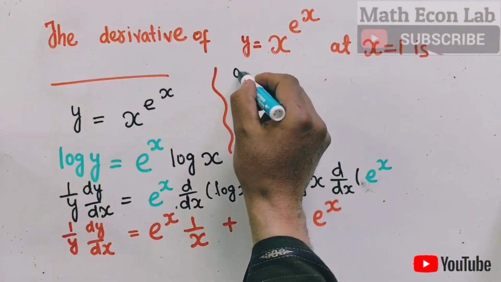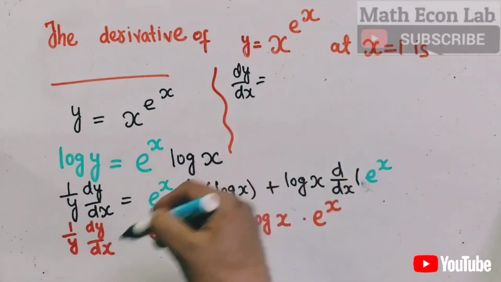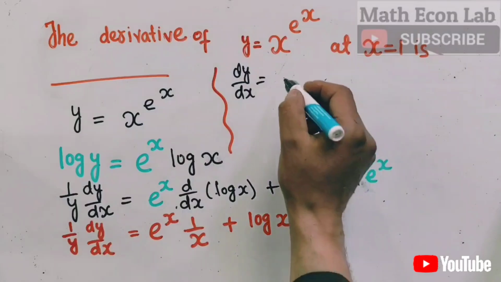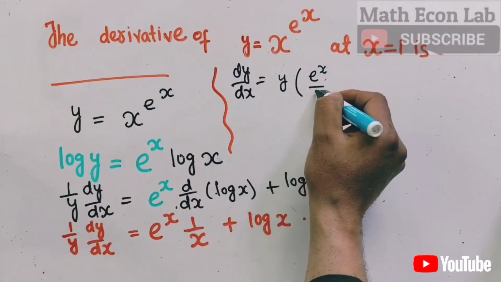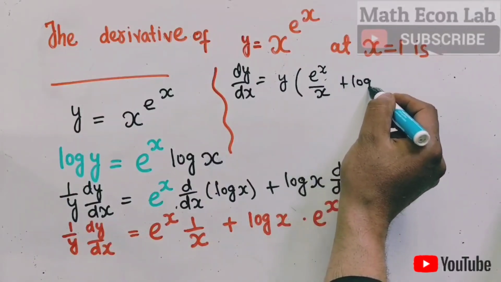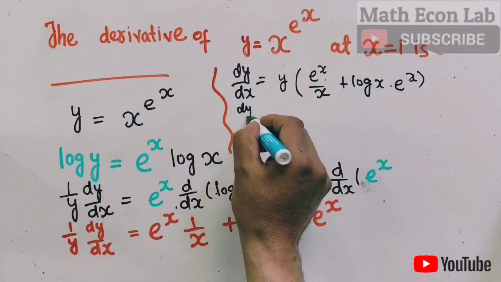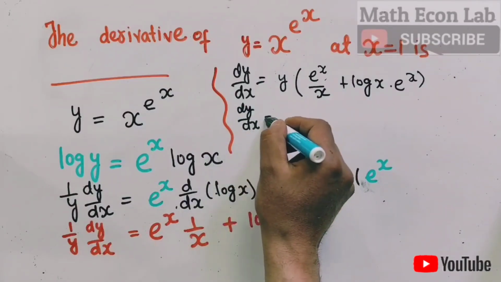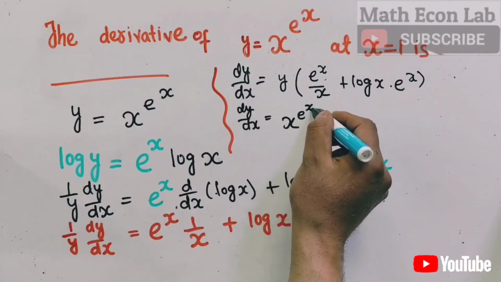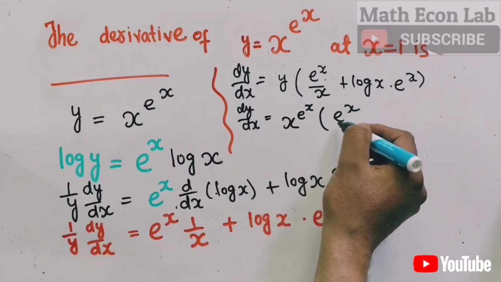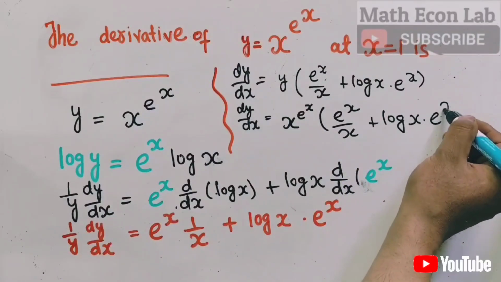Then dy upon dx will be equal to, transposing this y, it gets multiplied, so we have y times e raised to the power x divided by x plus log of x times e raised to the power x. Or dy upon dx is equal to, y is the given function x raised to the power e raised to the power x, then we have e raised to the power x upon x plus log of x times e raised to the power x.